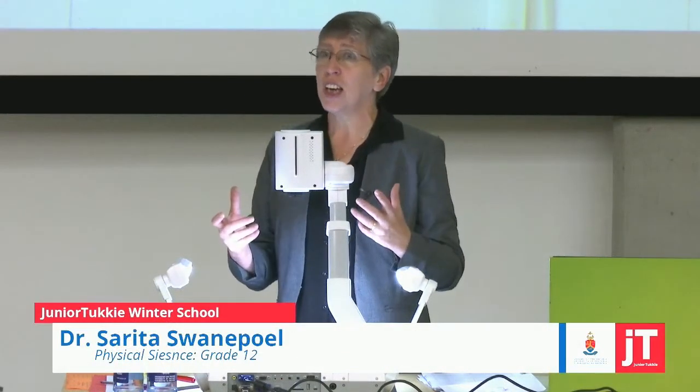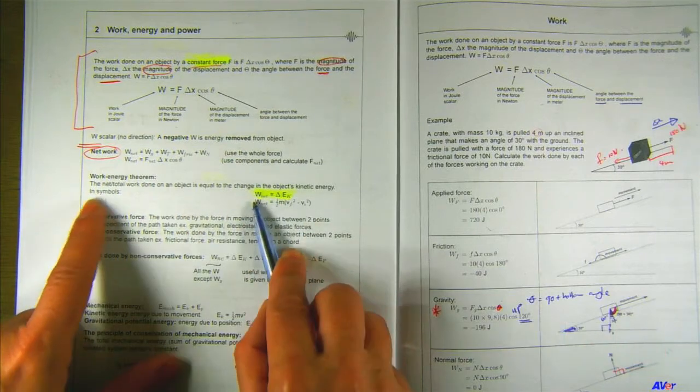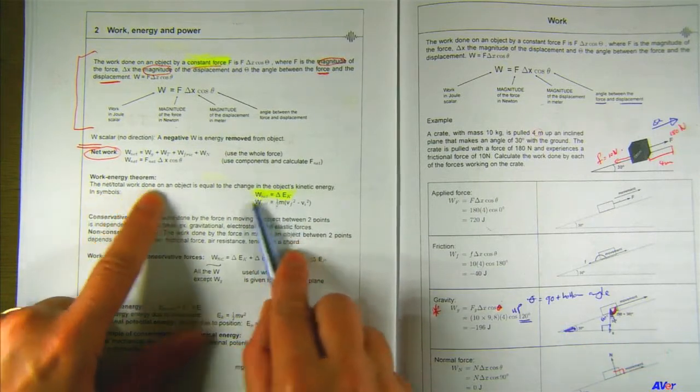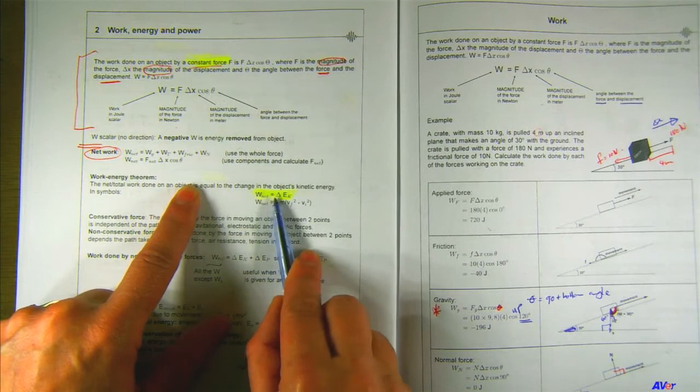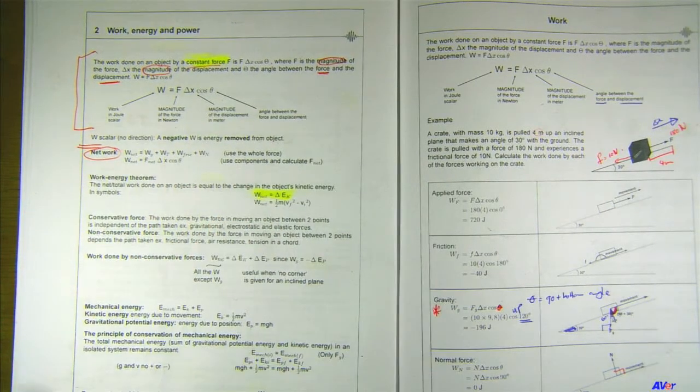So what happens to that energy? If you give energy to the system, what's the system going to do with it? It's going to go faster. It's going to increase its kinetic energy. So the definition is easy. The net work done on an object is equal to the change in kinetic energy of that system.